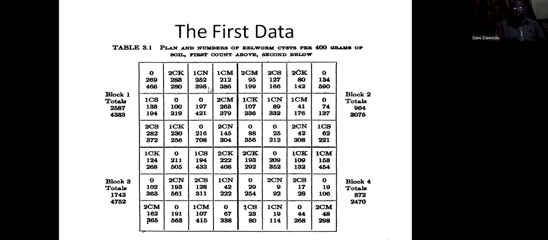Then it was nurtured, fumigated, and harvested. And after harvesting it, another sample was taken on the numerous plots. And this is the reading. The readings below are those obtained from the plots after harvesting.